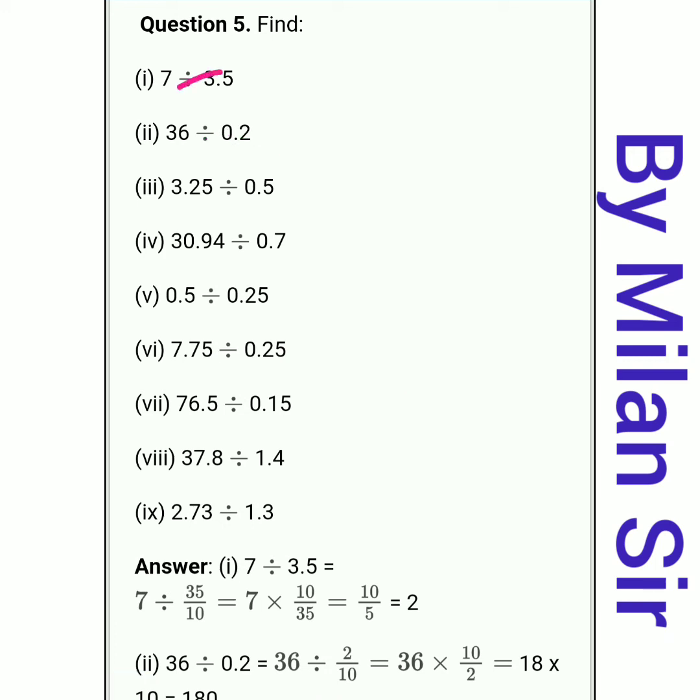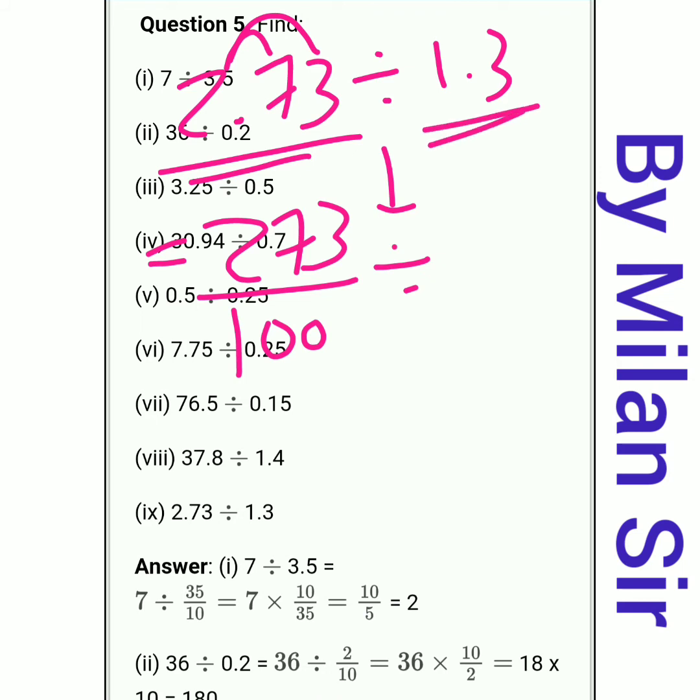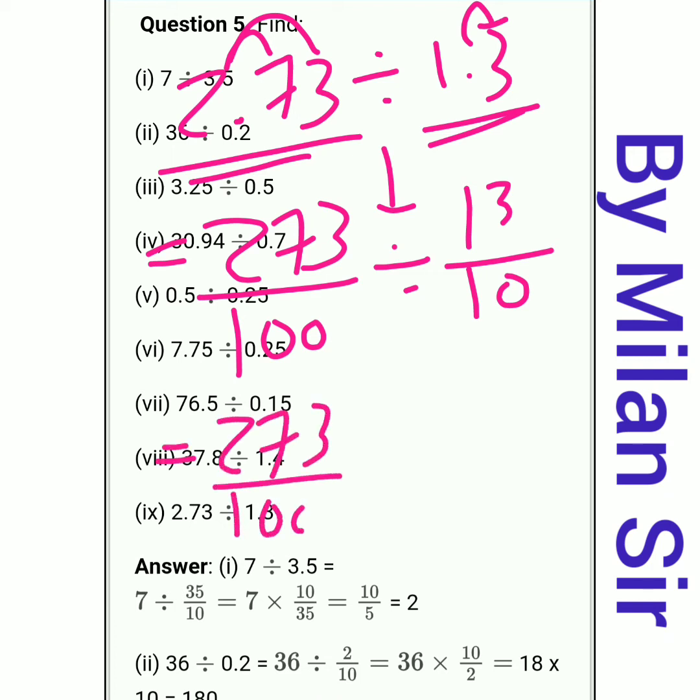Again I repeat this question, 2.73 divided by 1.3. Ignore the decimal point, so it is 273 divided by, here after the decimal point we have two digits, so after 1 we need to put 00. First of all the division remains as it is. We need to convert this decimal number into a fraction. So 1.3 is 13, and after the decimal point we have only one digit, so divided by 10. Now our first number remains as it is, 273 divided by 100.